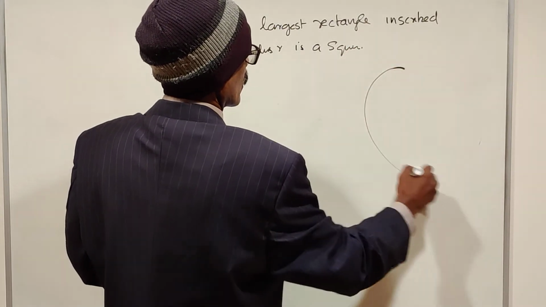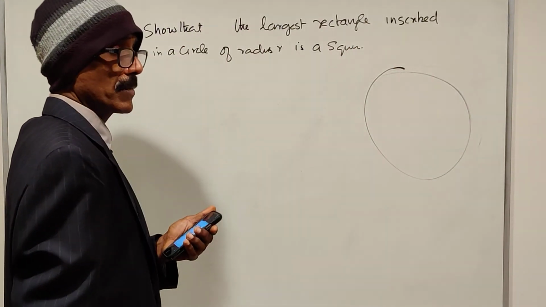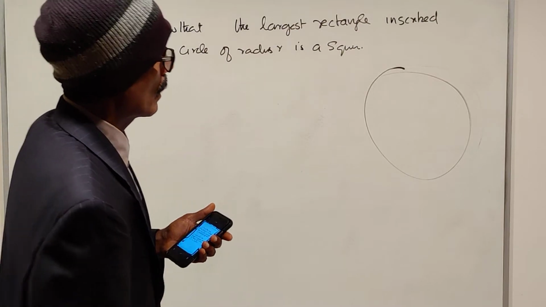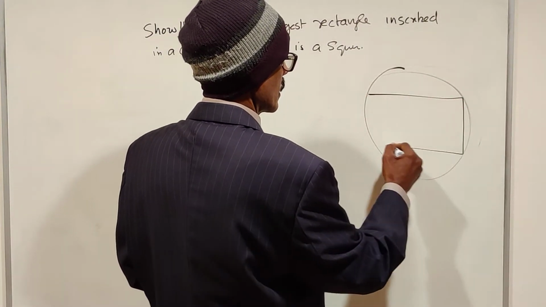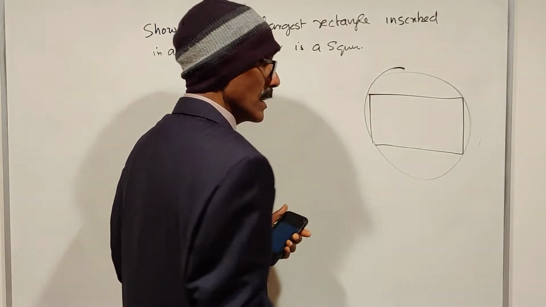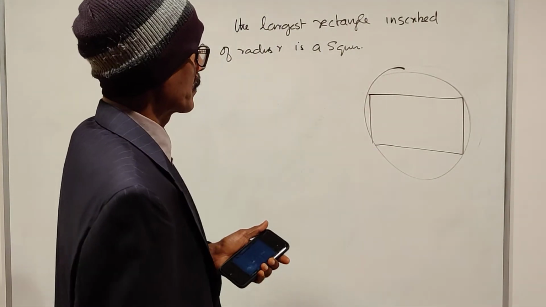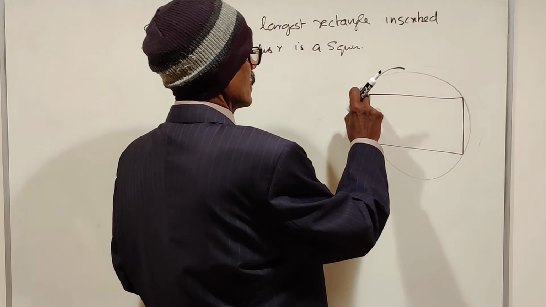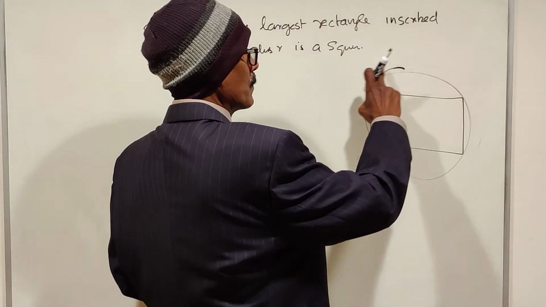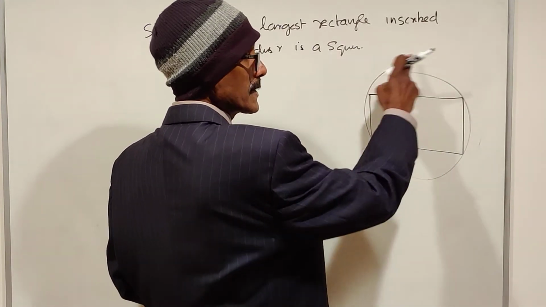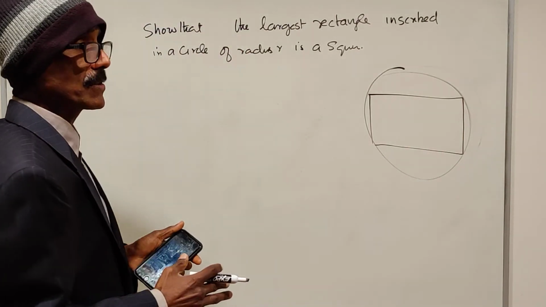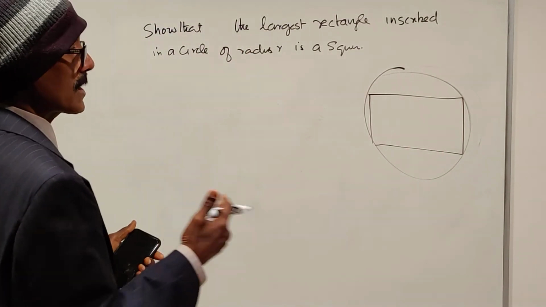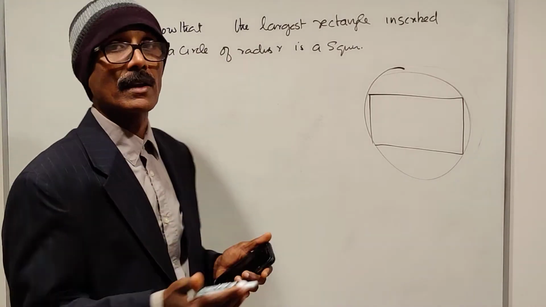That is, we need to show that the maximum area of a rectangle inscribed in a circle is the area of a square, or the maximum rectangle inscribed in a circle is a square. Maximum means the largest, the largest rectangle means the largest area.